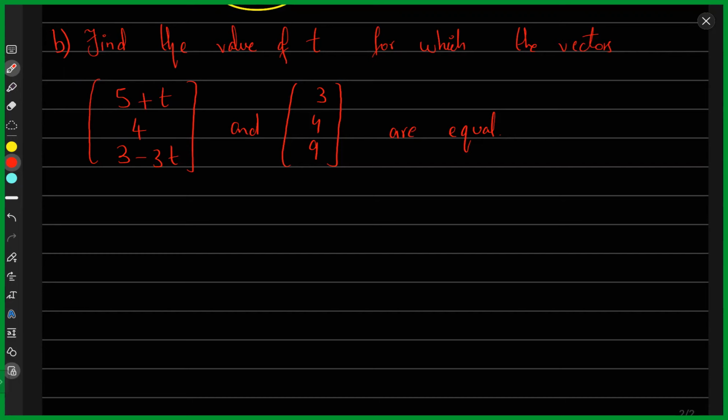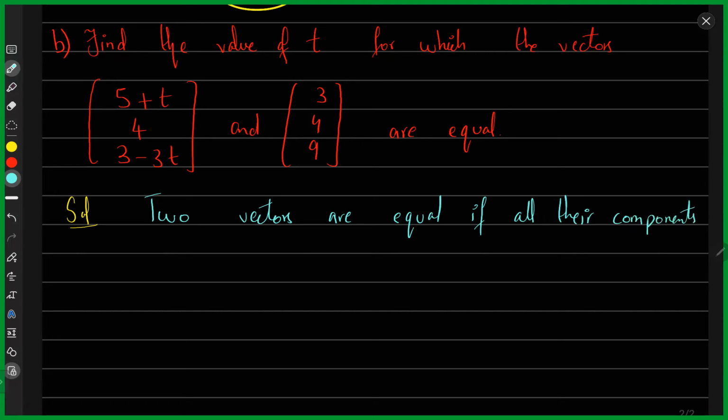So when are two vectors equal? This is what we need to understand, okay? So if I talk about the solution, I can write it down this way, that two vectors are equal if all their components are equal.